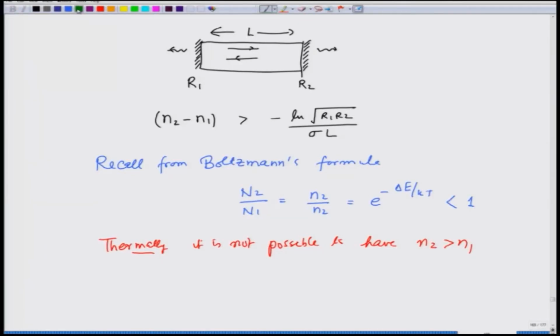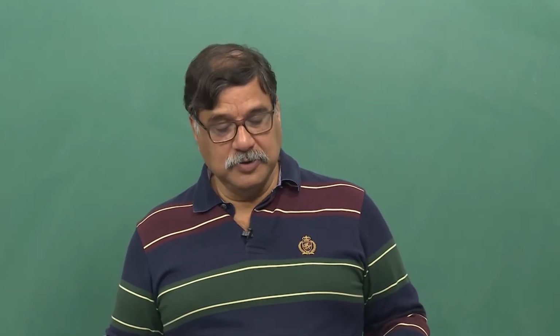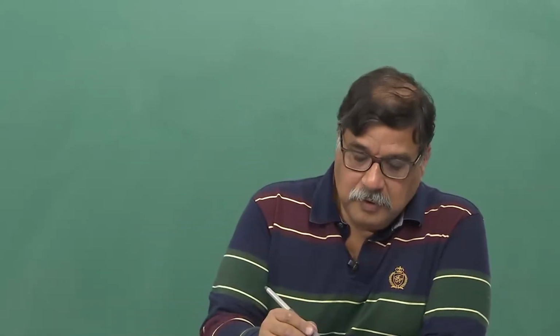But right now, let us consider how do we achieve N2 greater than N1. So, this is a brief introduction to the laser action and the related technology. For more details, you may want to read advanced books.